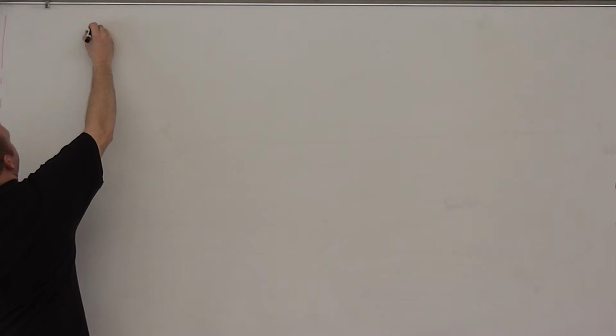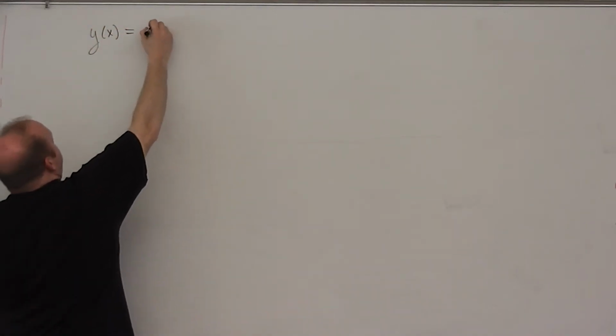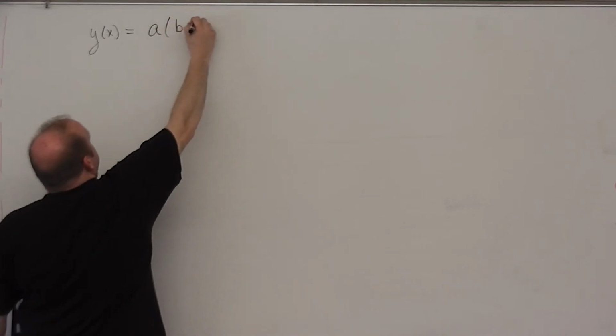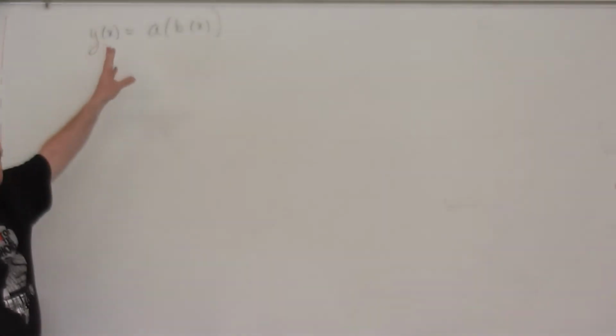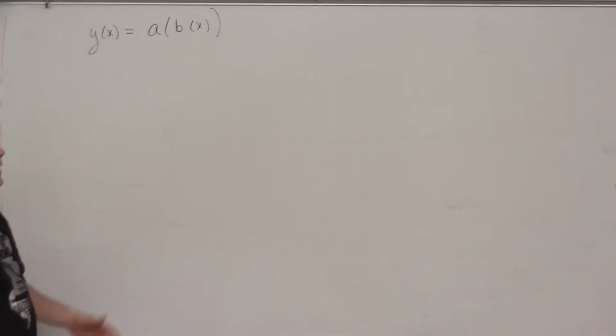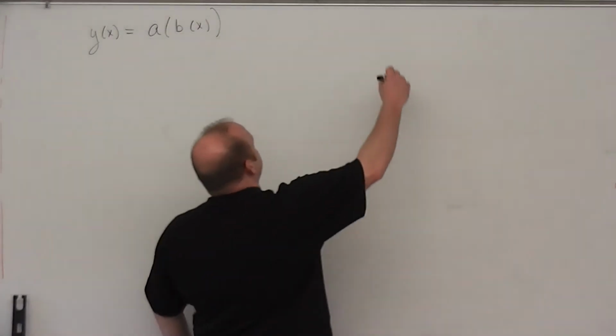Let's just say y of x is equal to a of b of x. I gotta tell you, whenever I saw the general form of the chain rule, I always looked at it and went, I don't know what that means. So we definitely have to take a look at a specific example here.